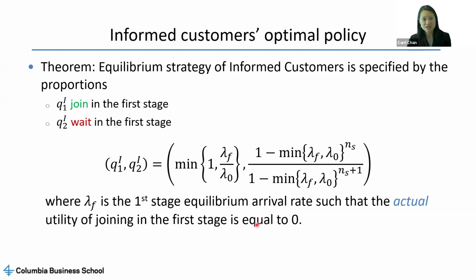In the second stage, the proportion that decide to join the system now get real-time queue length information. So this proportion is determined by how many are coming in from the first stage, and also the threshold for whether or not people decide to join the queue in the second stage.